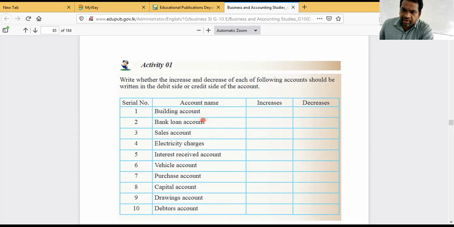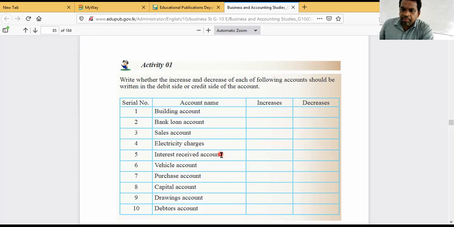Sales account, it comes under income, therefore increase CR, decrease DR. Electricity charges, it comes under expenses, therefore increase DR, decrease CR.